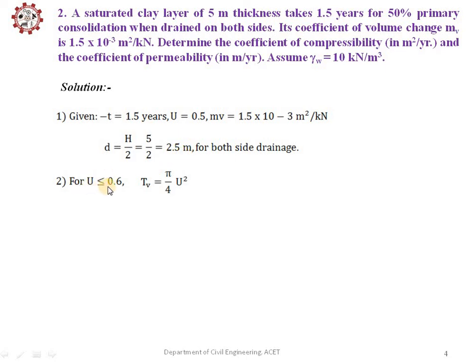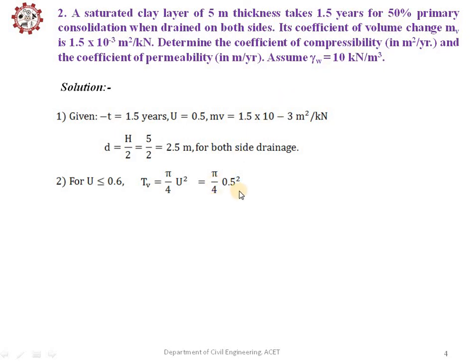And for U less than or equal to 0.5, Tv, the time factor, equals pi by 4 U square. I have already explained this while explaining the coefficient of consolidation in the consolidation chapter. So this is the formula to calculate Tv. U is given as 50%, that is 0.5.